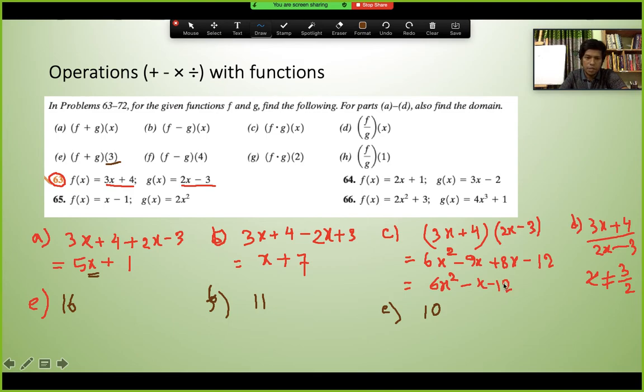Let's check it again. If we put 2 here, 2 squared means 4. 4 into 6 is 24, and this is 2, this is 2. So basically this is 14. 24 minus 14 equals 10.